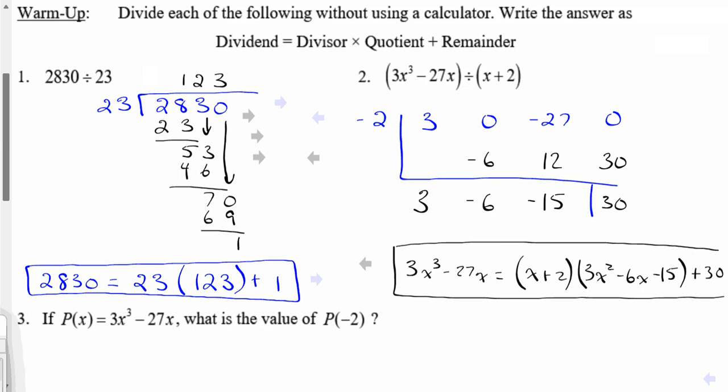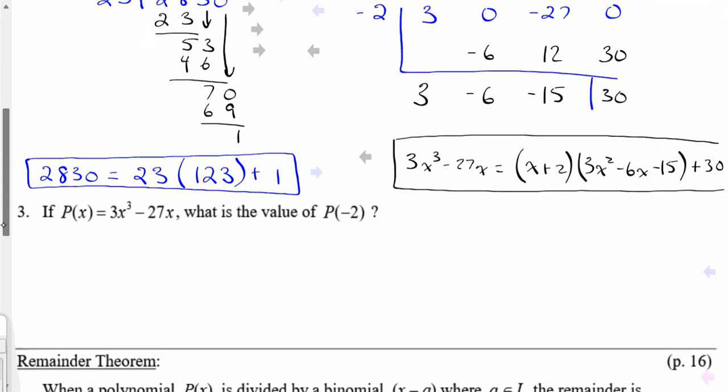Anybody have a question? So I've got a remainder of 30 and the quotient, 3x squared minus 6x minus 15. All right. Number 3.